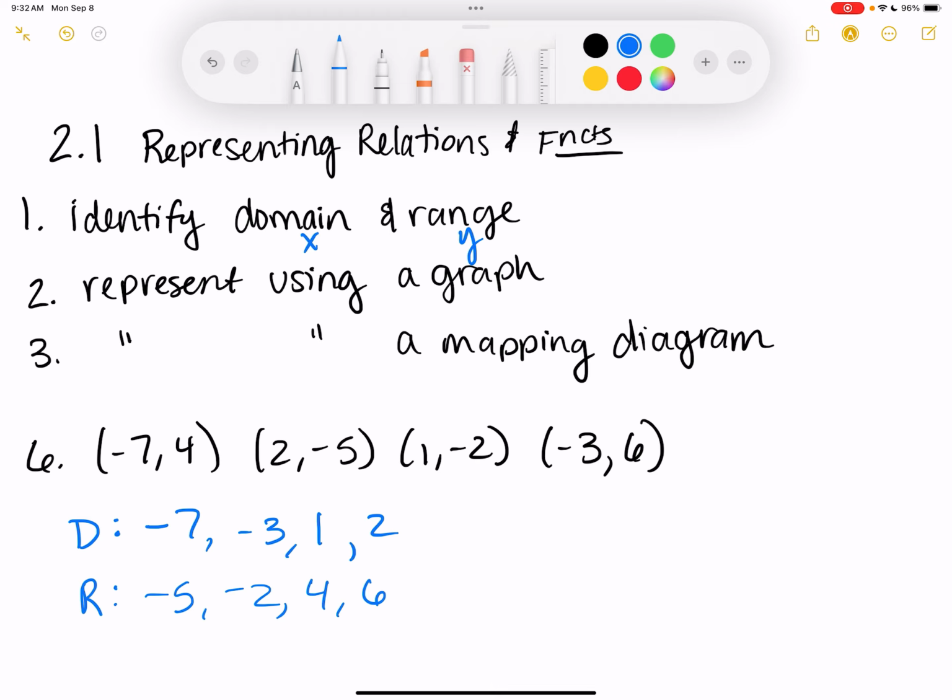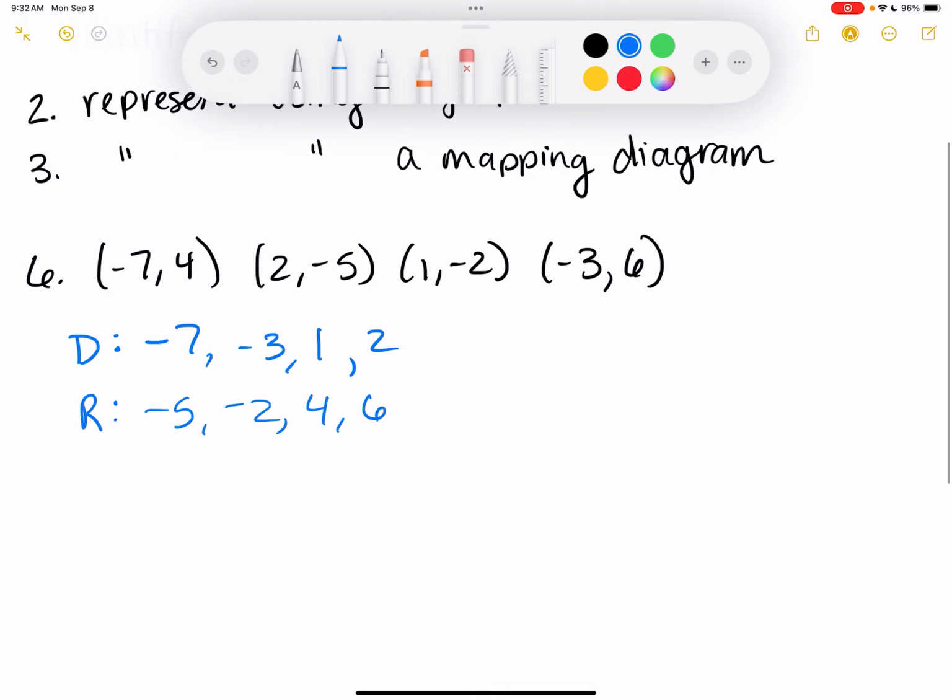Then they want me to represent using a graph. So I'm going to set up a little graph here. The x values go from -7 to +2.